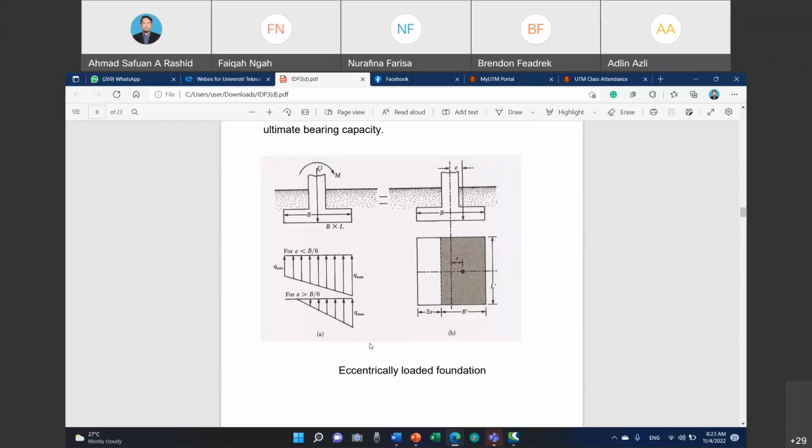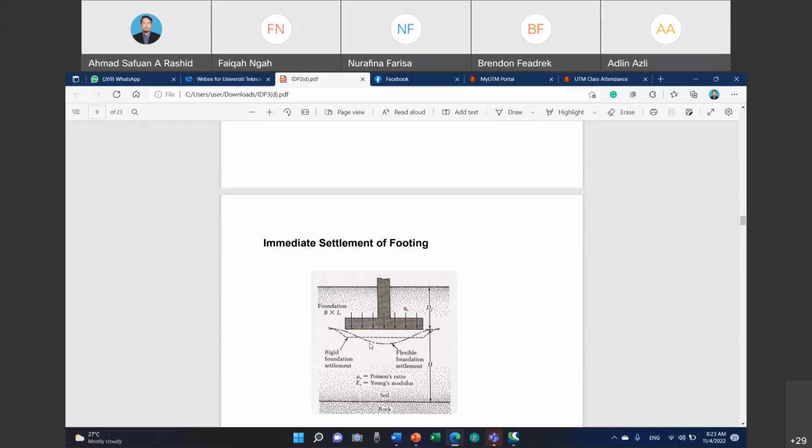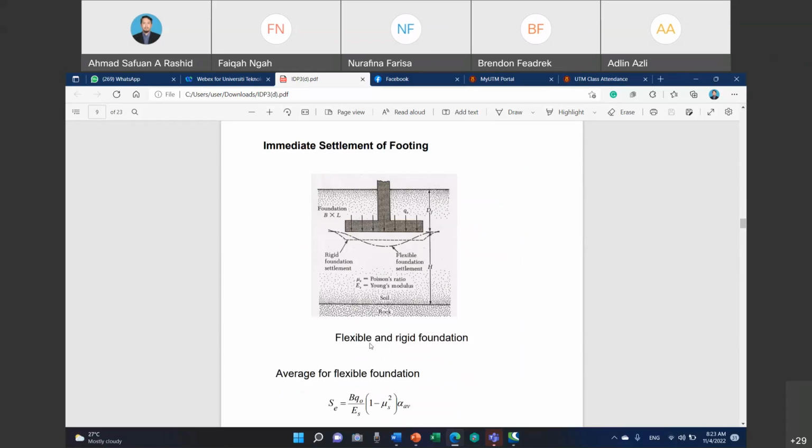That is for eccentricity. Then we move to the settlement. We have two types of settlement, either immediate or consolidation settlement. And then we need to include both of these immediate and consolidation settlements as the total settlement.